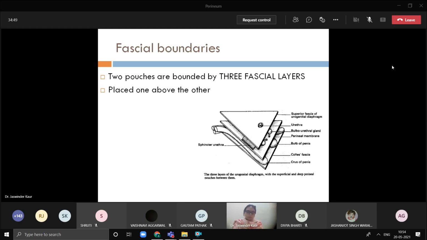Right? Now there are 3 fascial layers, one above the other. This is the first layer, that is black, pink is the second layer, and this green or yellow, somewhat green or yellow, I will consider it as yellow, is the third layer, right? Can you see this?